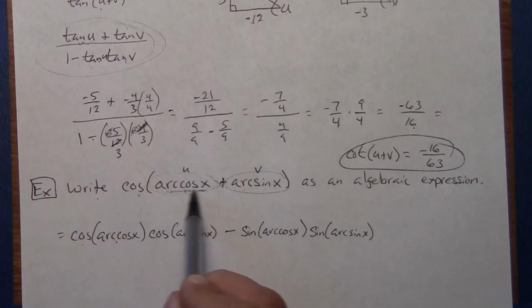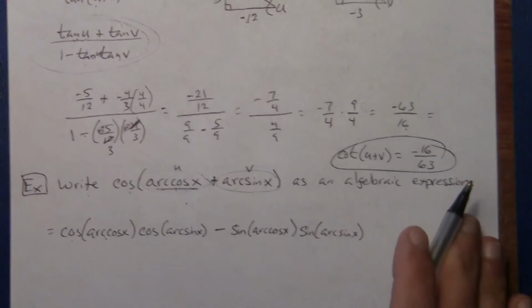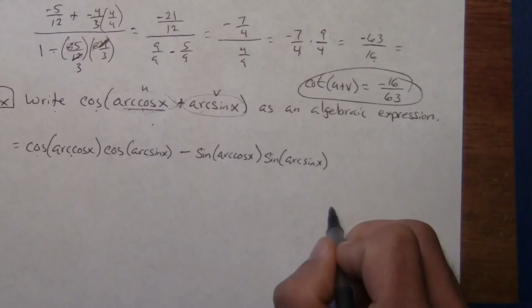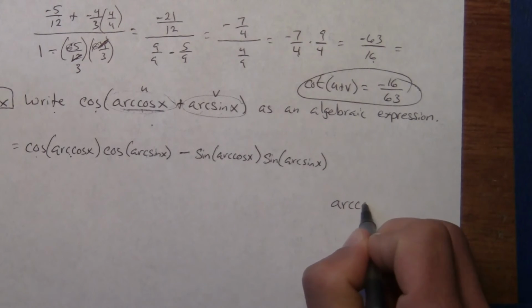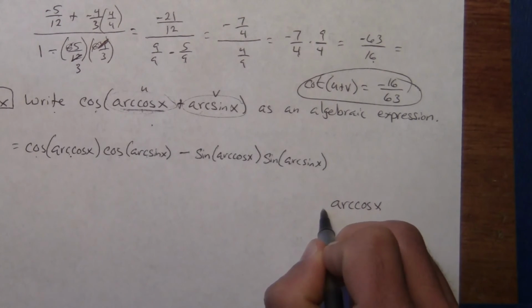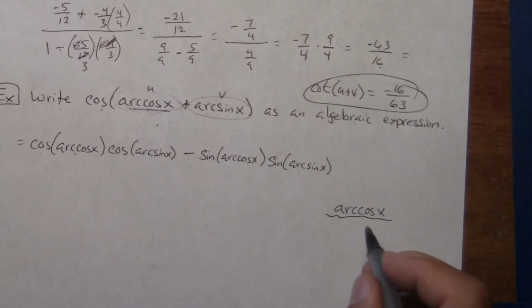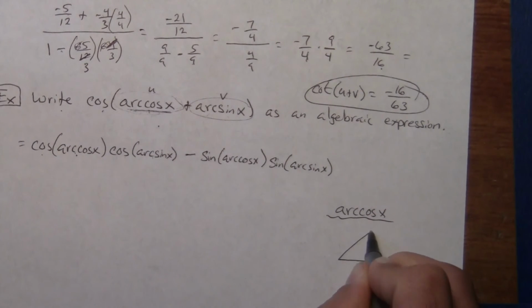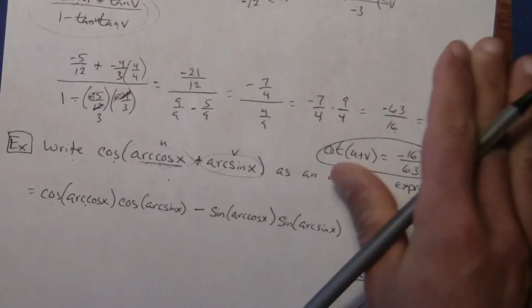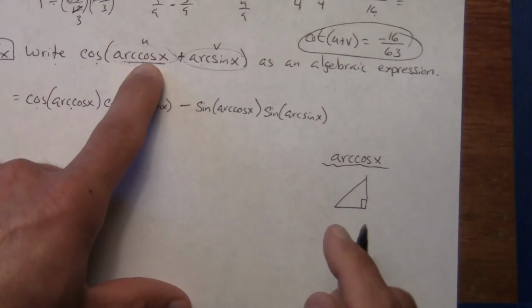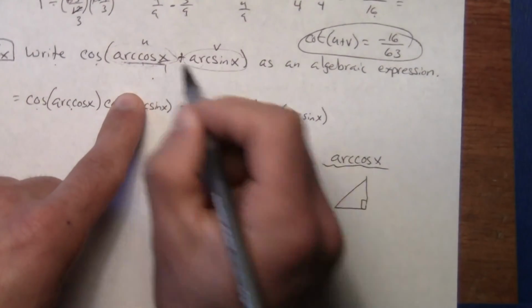I can actually draw a right triangle for this, so I'm going to do that over here. I'm going to say this is my arc cosine x triangle, just like I would have drawn a triangle for this. And if I draw my right triangle, since it's a variable, I'll just assume it's in the first quadrant. Its cosine is x, or x over 1.